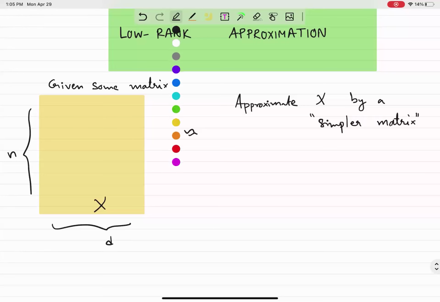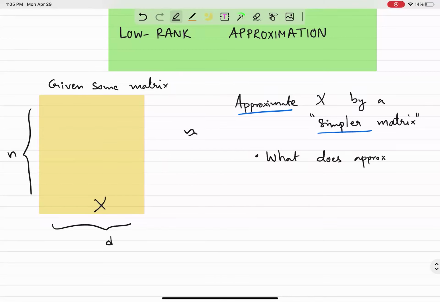To make this quantitative, we have to define these two terms. What does approximate mean? What does simpler mean?